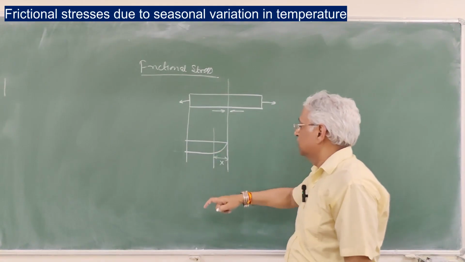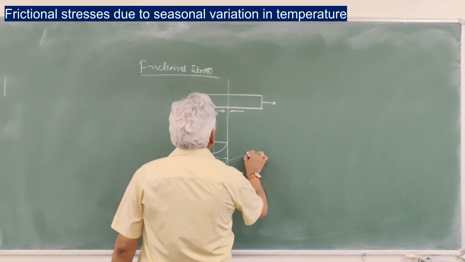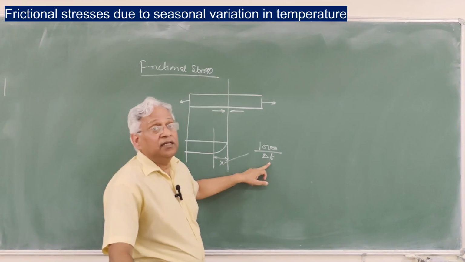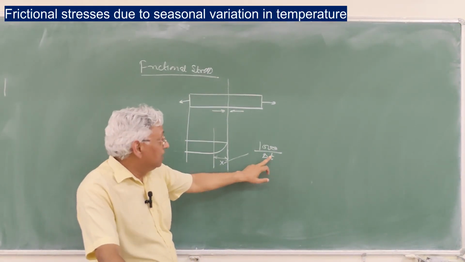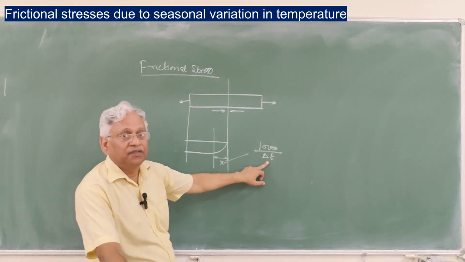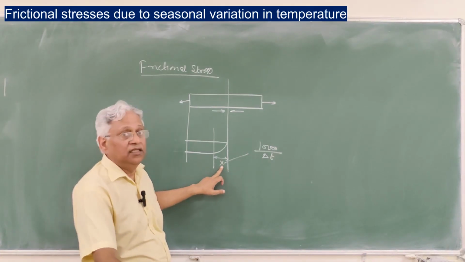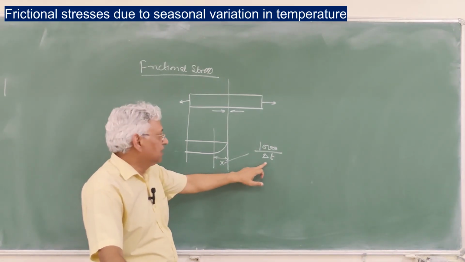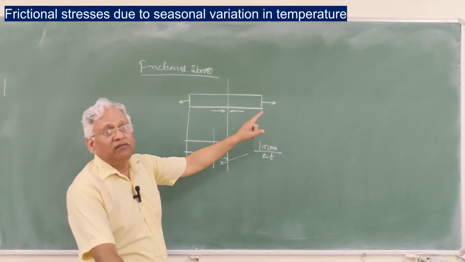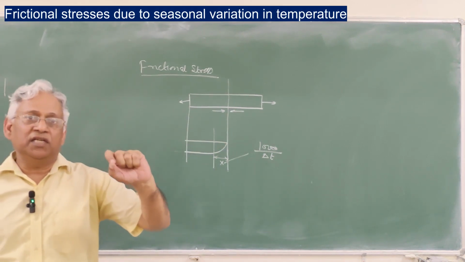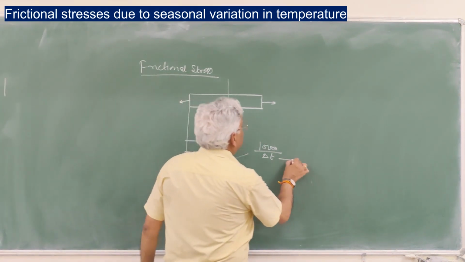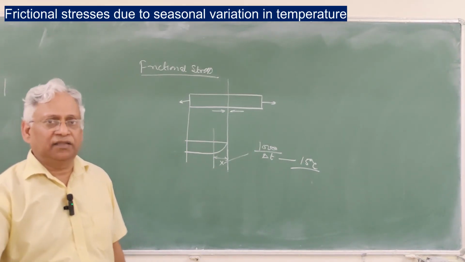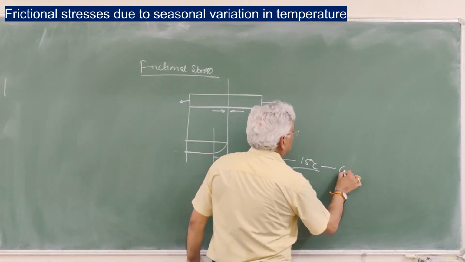It slowly develops and resists the movement, and this x is 1000 upon delta T. Delta T here is the change in temperature, and this is in Fahrenheit in this equation, and X is in inch. That should be very carefully noted, that X is in inch and delta T is in Fahrenheit. So in our case, when we say the temperature change is 15 degrees centigrade, 15 degrees centigrade will be approximately 60 degrees Fahrenheit.